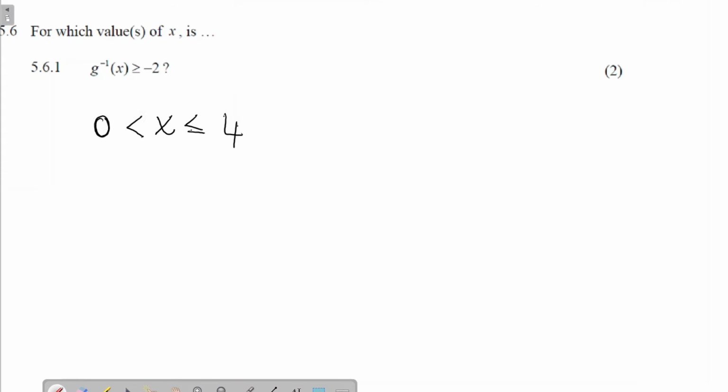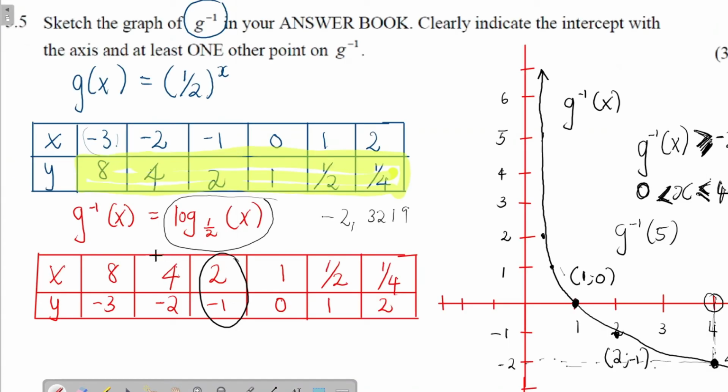So you need to just look at your function, or you can even just look at the table. What are the x values here that will give us a value that is greater than and equal to -2? We see that when your x is equal to 4, right? But if you were to continue, you'll see that you never get to x equal to 0.